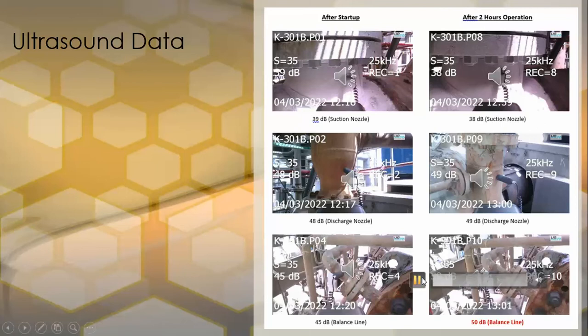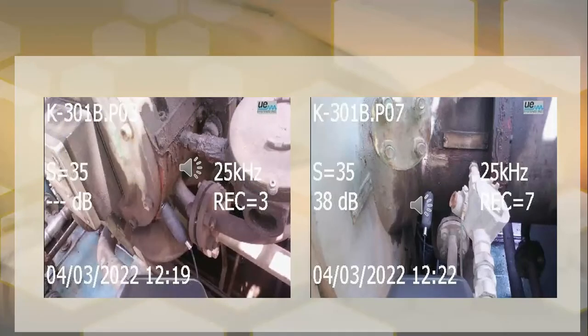As you can see now, this is the balance line. That shows the problem, which led us to the abnormality, or the two-phase fluid that might be in the balance line. We also measured ultrasound on the bearing sides to check condition. There is no problem, there are no symptoms of any poor conditions.